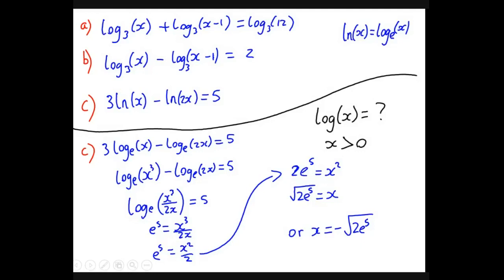Because that should also be an answer, no? What do other people think? No, because when you put x into a logarithm, then it needs to be positive. So the negative square root of 2e to the 5 is unfortunately negative, and the logs cannot take negative values. So always be careful. So it's just that as an answer.